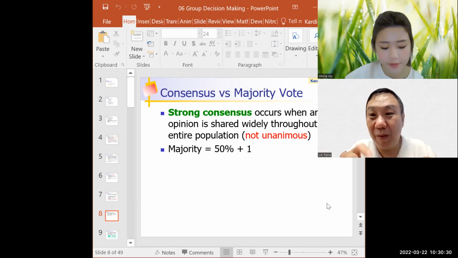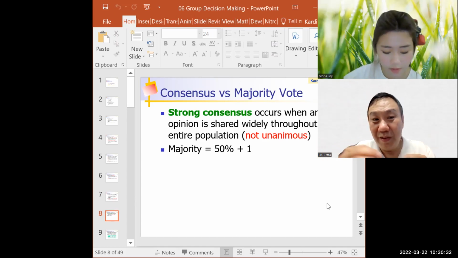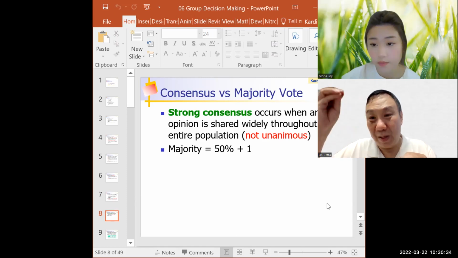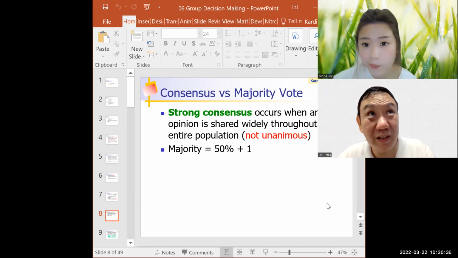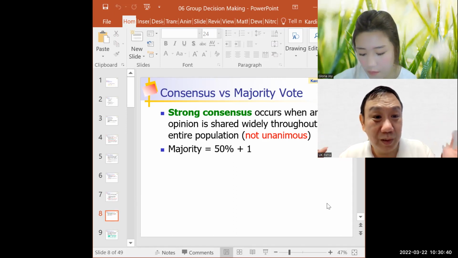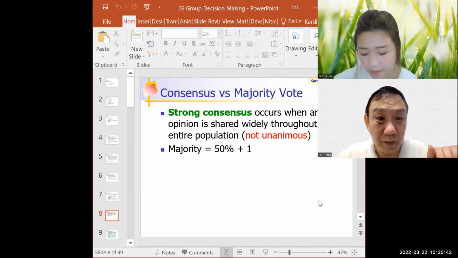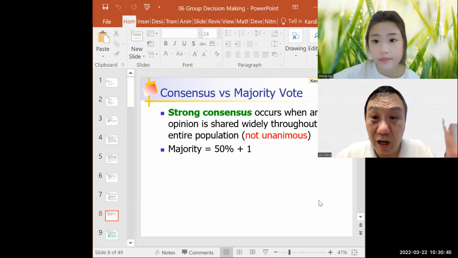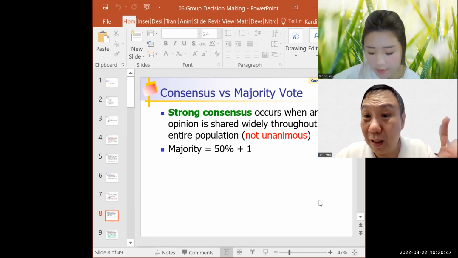Majority means 50% plus one, right? So consensus is supposed to be above majority. So when we say 70%, maybe 80%, 90%, that should be consensus already, not necessarily unanimous. Unanimous is 100%. Is the terminology clear first?